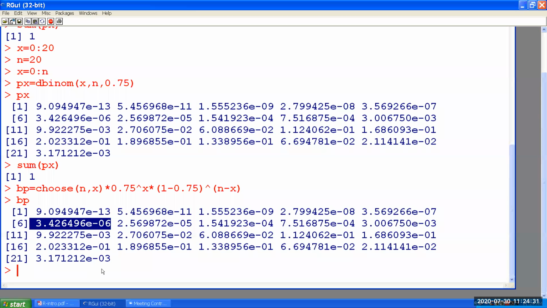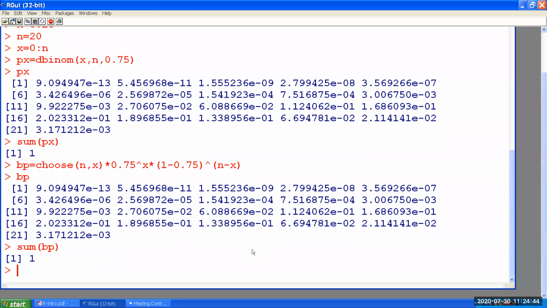You can also check by applying the condition sum of BP. So that is how you can find the binomial probability.